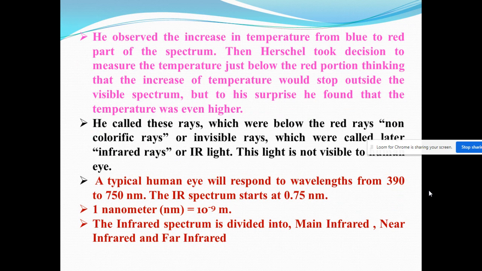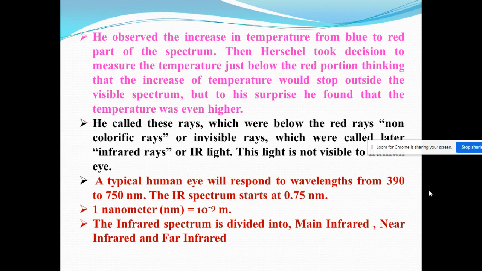Then Herschel decided to measure the temperature just below the red portion, thinking that the increase of temperature would stop outside the visible spectrum. But to his surprise, he found that the temperature was even higher.